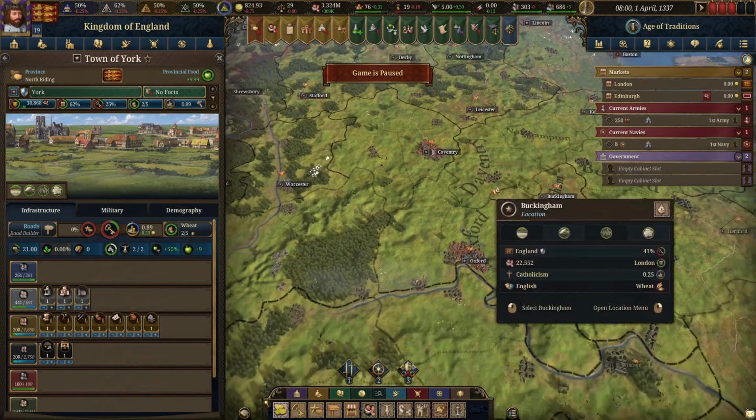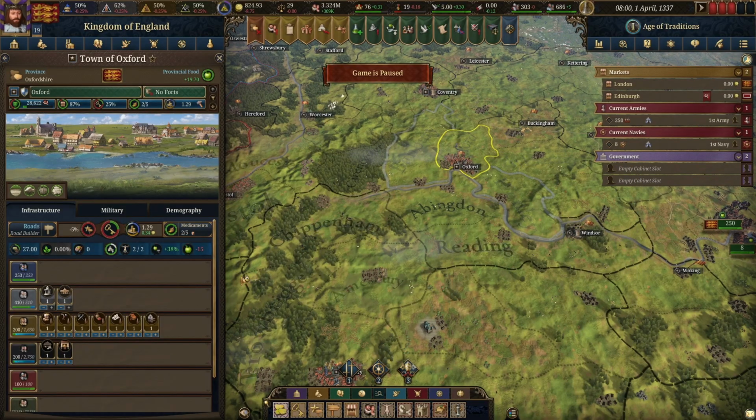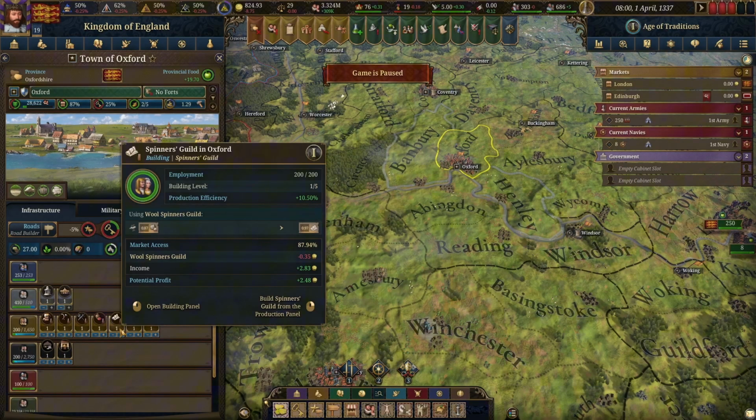Now the same thing with Oxford. If I click on Oxford and go to their Spinners Guild, because we have 87% market access in Oxford, we are actually taking 0.87 wool and producing 0.87 cloth.